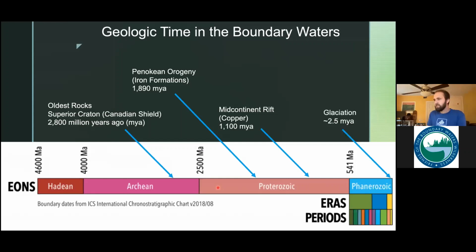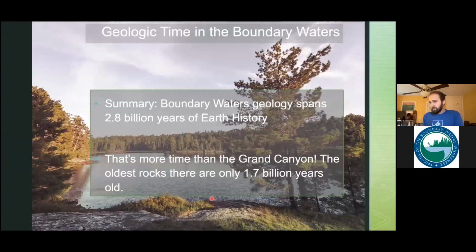And then the glaciations, which started in North America about 2.5 million years ago, but probably got to Minnesota at about 2 million years ago. So just to summarize geologic time in the boundary waters, it spans 2.8 billion years of Earth history up there, which is really, really incredible.